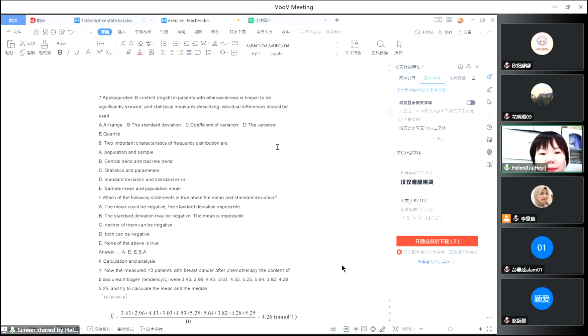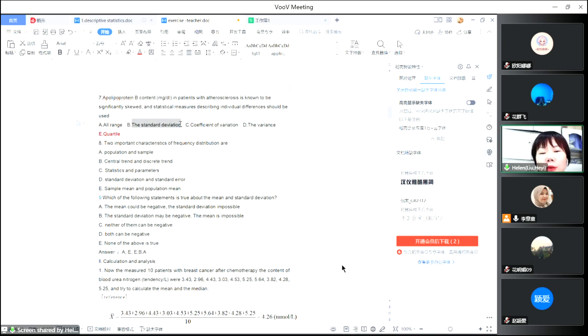7. What's your answer? E. Yes, quartile. The interquartile range is suitable for this part because it is a skewed distribution. So we can't use standard deviation.